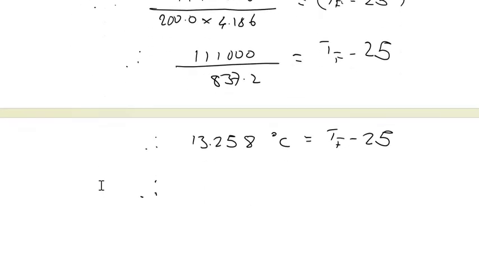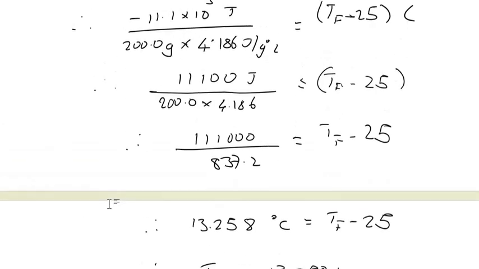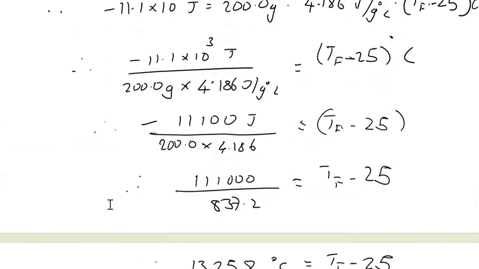So therefore I will get Tf as 13.258 plus 25. Okay, I missed out the negative sign here.